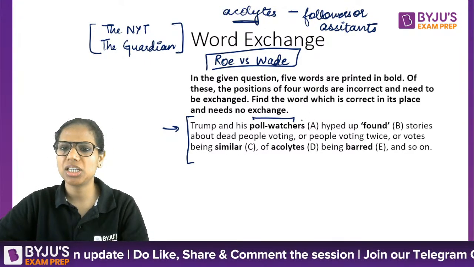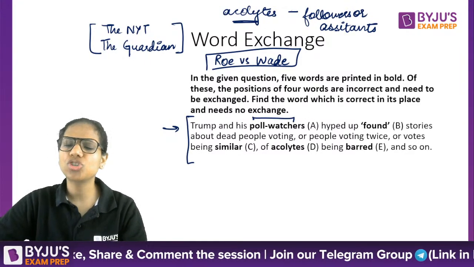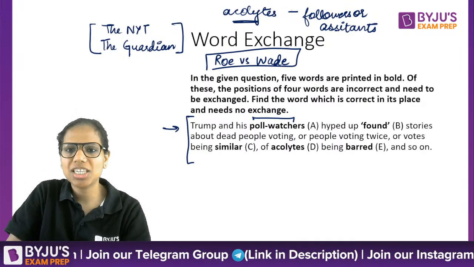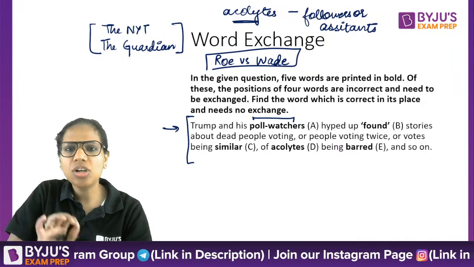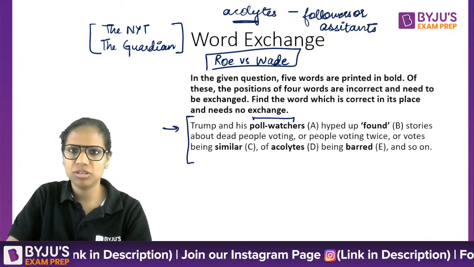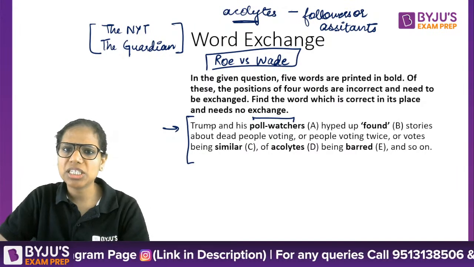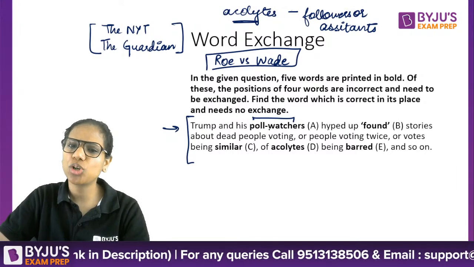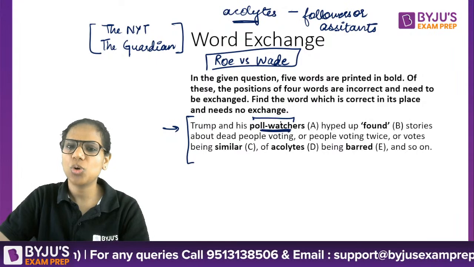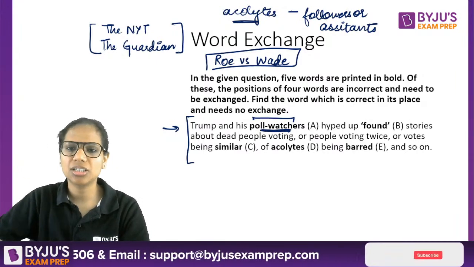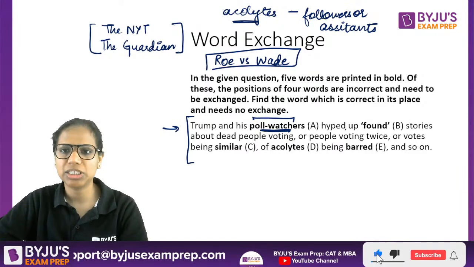Quite a few of you have said A. Poll watchers, let's say I don't know the meaning of the word, but even if I look at it on its face, poll watchers, people who are watching the poll, the election poll taking place, right? So the polling taking place. Now, Trump and his poll watchers, okay, sounds a little jarring, but fine. Let me just read the other parts and probably this will become clearer.